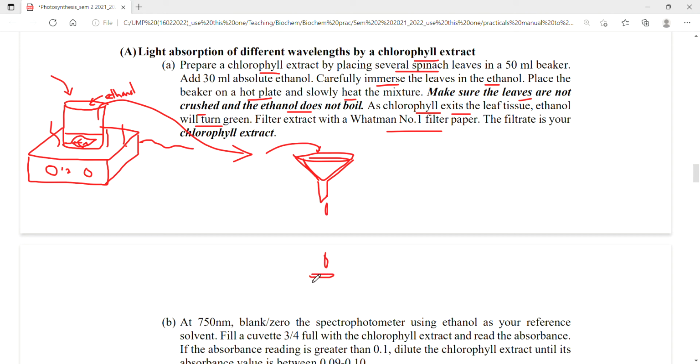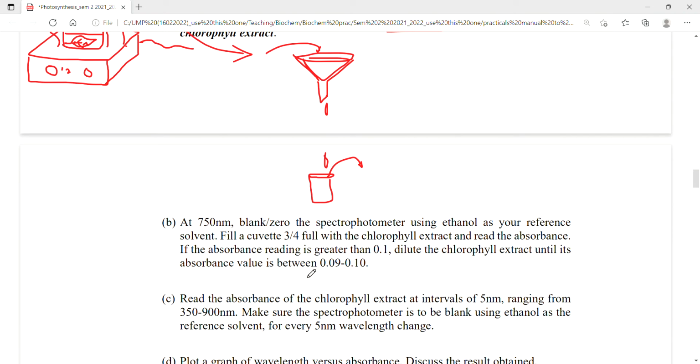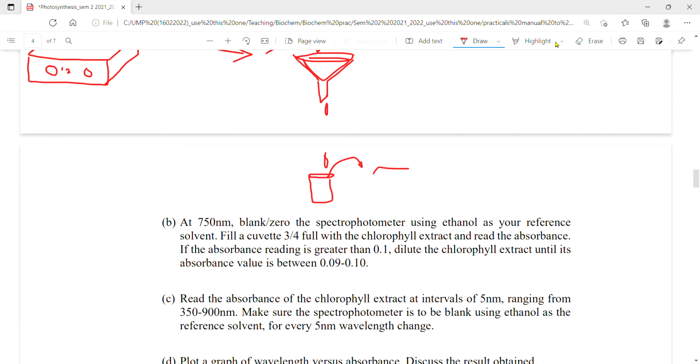Hopefully you get to filter it, and then according to the next step, you pour it into, sorry about that, again let me draw a cuvette.